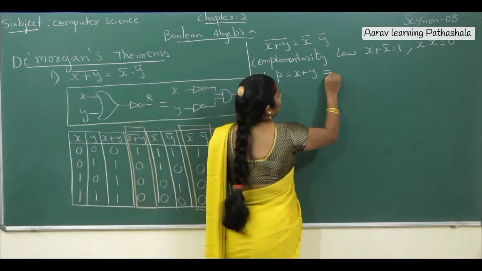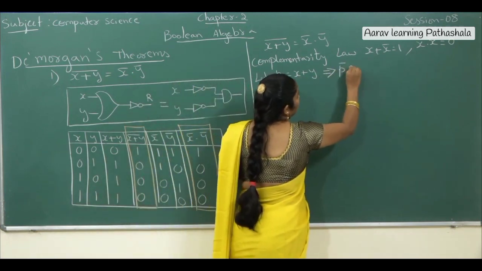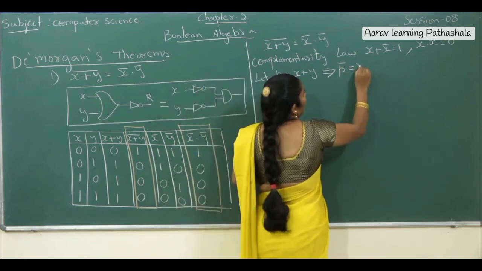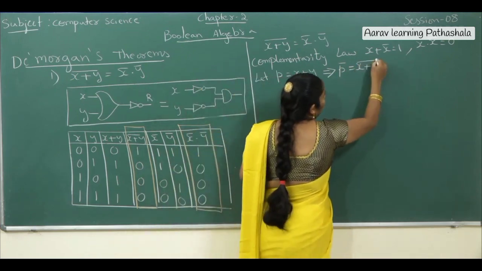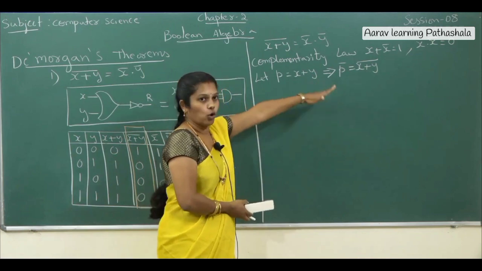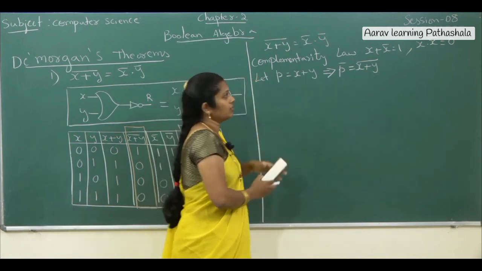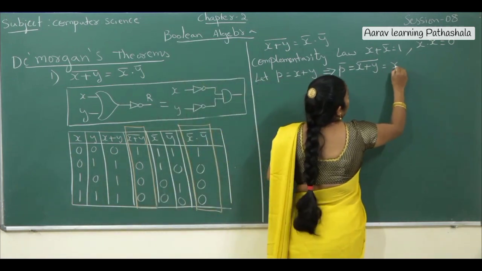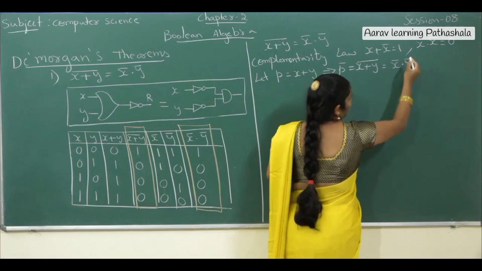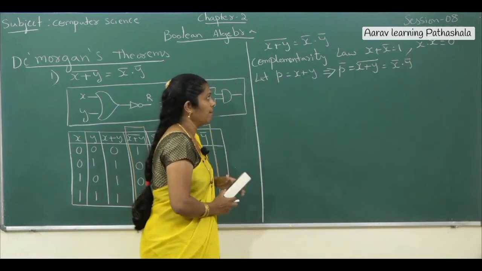Then what exactly does this P bar represent? P bar represents x plus y whole bar. Then apply De Morgan's concept, that is equal to x bar into y bar.